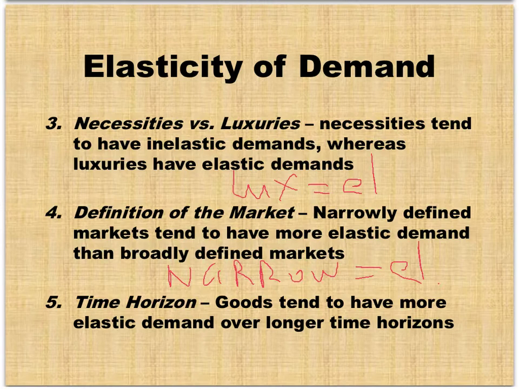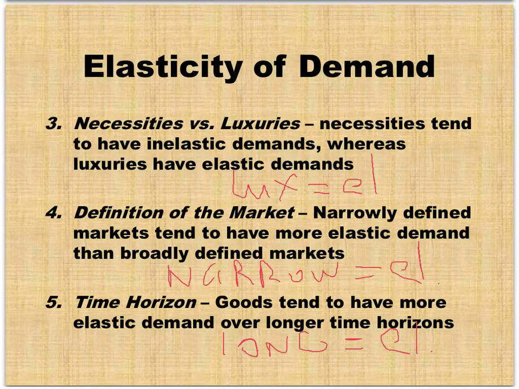Rule number 5, and finally, is the time horizon. And in this case, a long time horizon yields the elastic response. Let's say the price of gas goes to $10 a gallon right now. In the short run, you're going to buy less gas, but not a dramatic amount less because you don't have time to adapt.